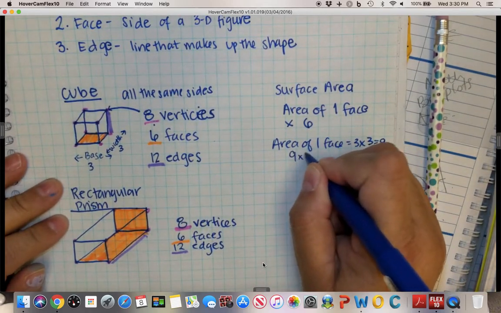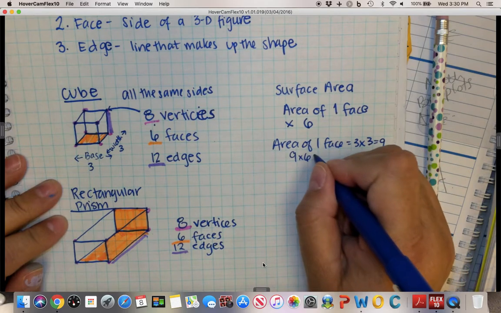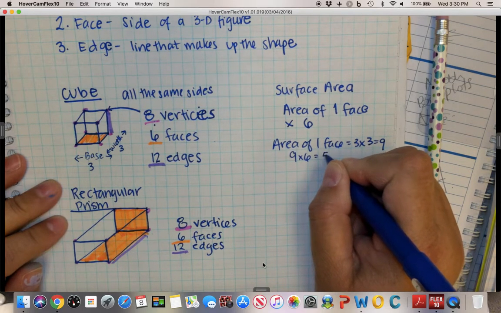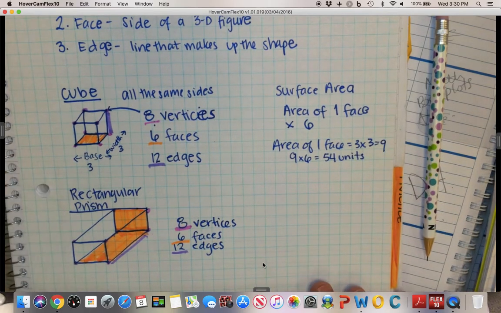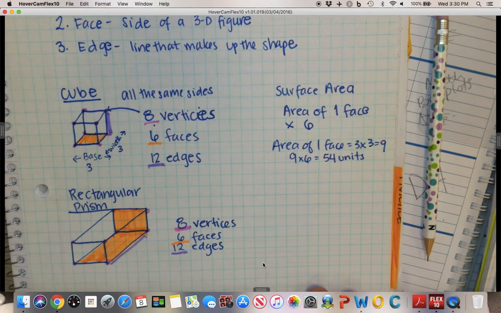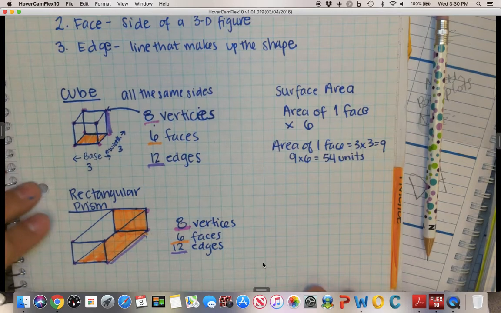And then I do 9 times 6, and that gives us 54 units, or whatever it is, centimeters, inches. I'm just saying units because I didn't label it.